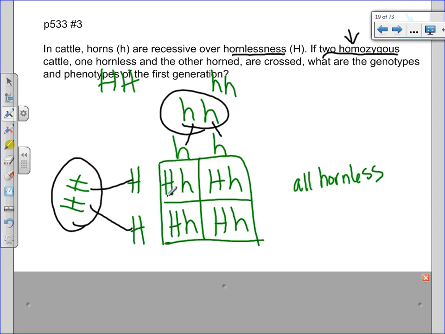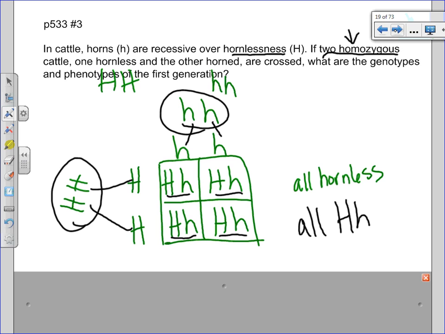The only possibility is big H, little h for all of them. Since hornless is the dominant trait, all of these are going to be hornless. And they all show heterozygous dominant alleles, big H, little h.